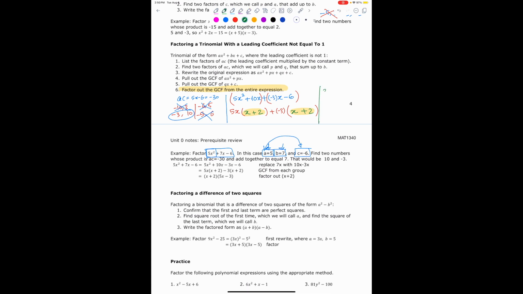So if I pull x plus 2 out as a common factor, the remainder is going to be 5x minus 3. And now I have a product of two binomials, which is the typical factorization of a trinomial. And that is exactly what we have here.